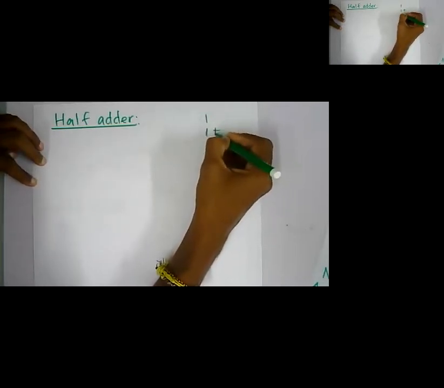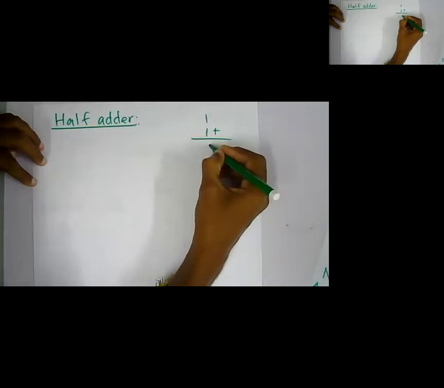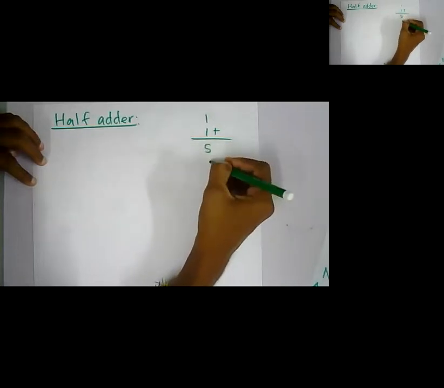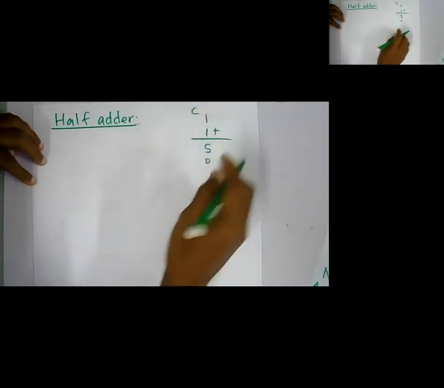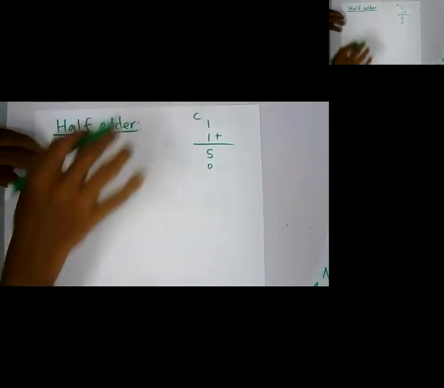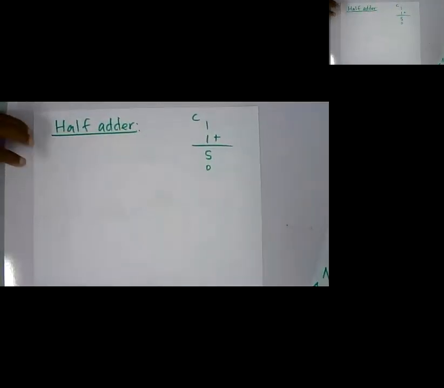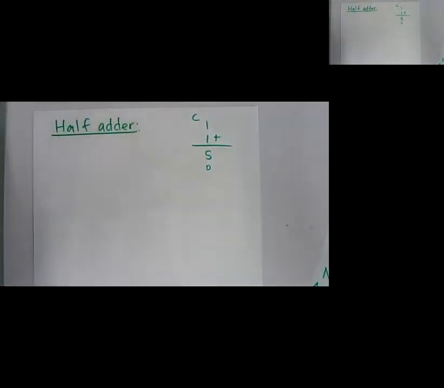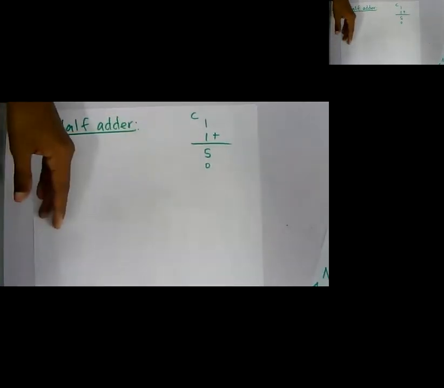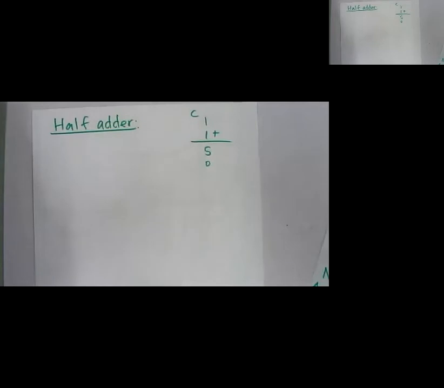As I said earlier, when I am adding two bits, if I add 1 plus 1, I will have a sum which is 0 here, and I will also have a carry which will be brought to the next level. So when I am adding two single bits, I will have two outputs. Whenever you are designing a digital electronic circuit, you must draw a truth table which consists of all the possible inputs and possible outputs.